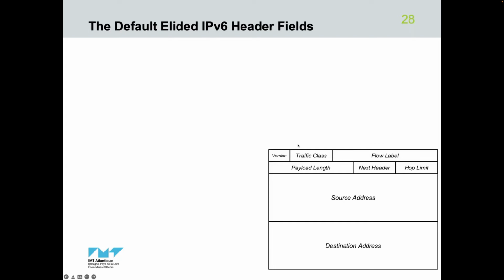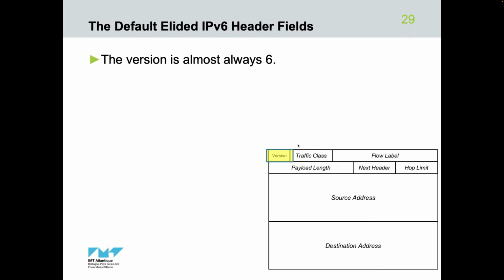Now, the header compression principle is elementary, meaning any field that can be guessed by the destination endpoint is not actually sent. Indeed, some of the header fields can be elided, meaning they won't be transmitted, for different reasons, as we will see here. So first, we have the version.